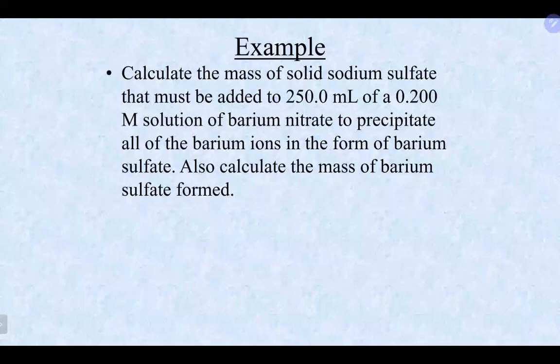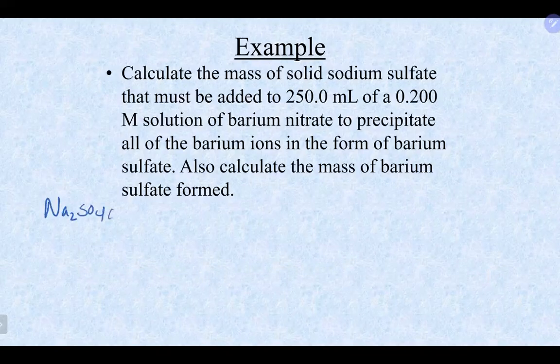We want to know how much sodium sulfate, Na2SO4, must be added to barium nitrate, Ba(NO3)2, to precipitate out, which means we're going to form barium sulfate. If it's going to precipitate out, that would probably be a solid.